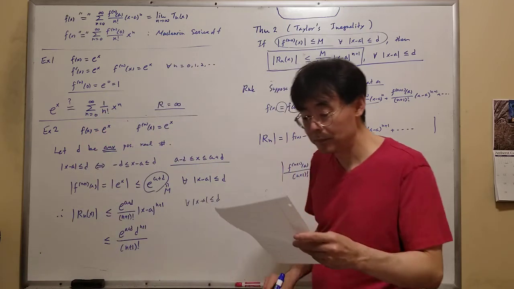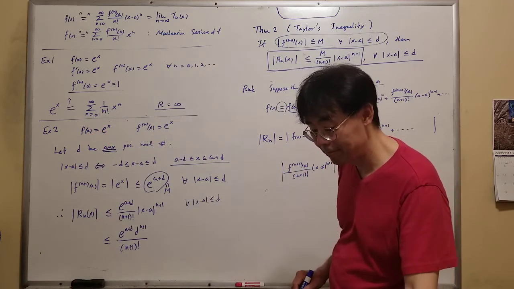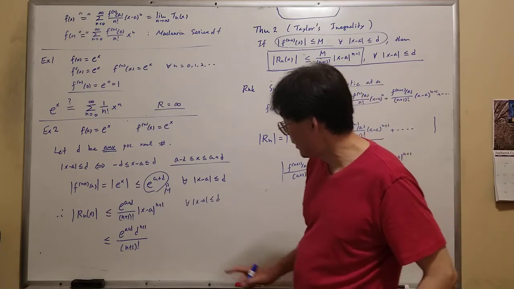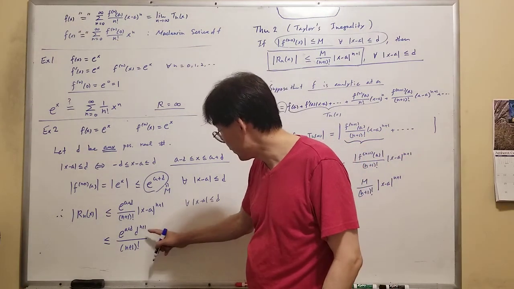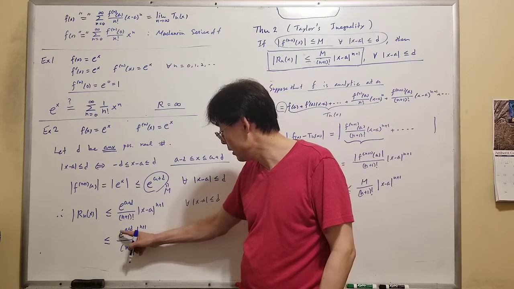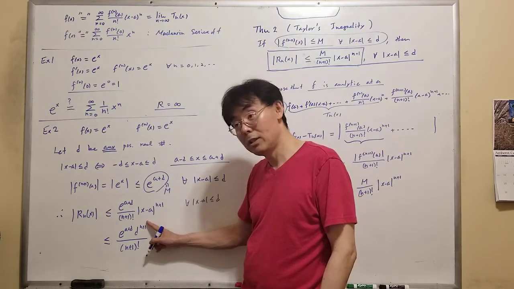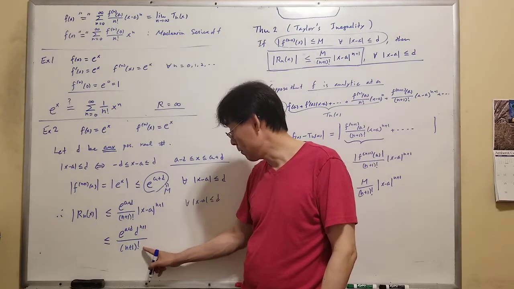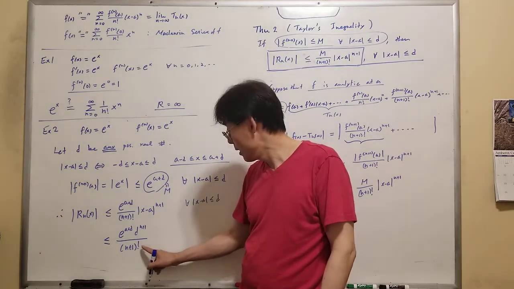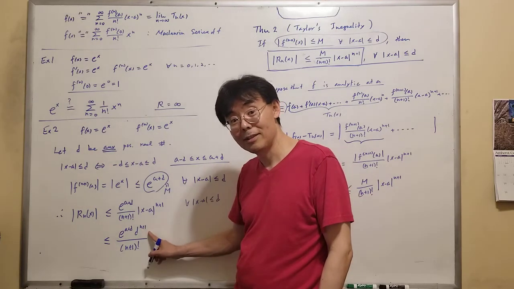So, what do you see? As n goes to infinity, what happens? d is a fixed number, a and d are all fixed numbers, only n grows. Something to the n plus 1 power, exponential function versus factorial function. Obviously the factorial trumps everything.